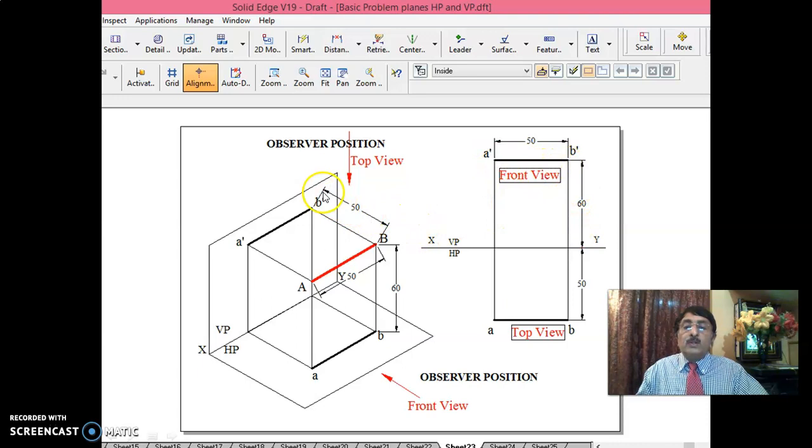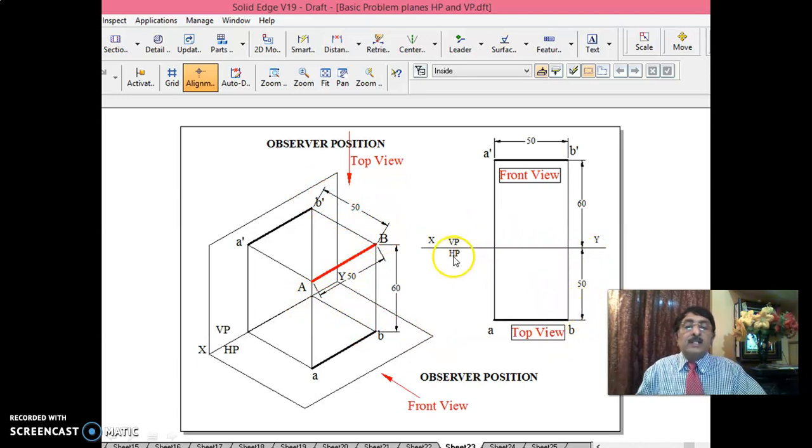Then also I told you, any distance in front of VP is seen on HP. That is why the top view AB you will write from the XY line at 50 mm.